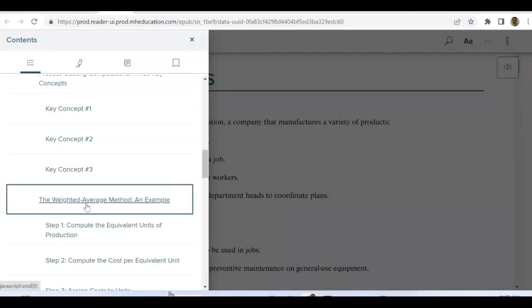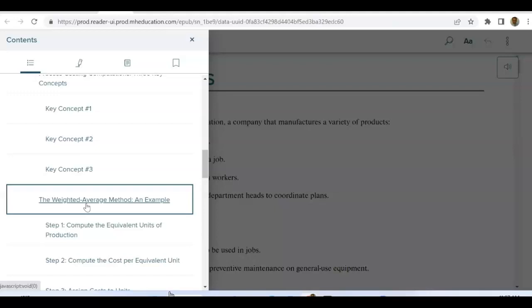There is another way. It's called FIFO. That's also available if some company wants to do FIFO. In our class, we focus on weighted average, but FIFO will be available normally in a book as additional information.